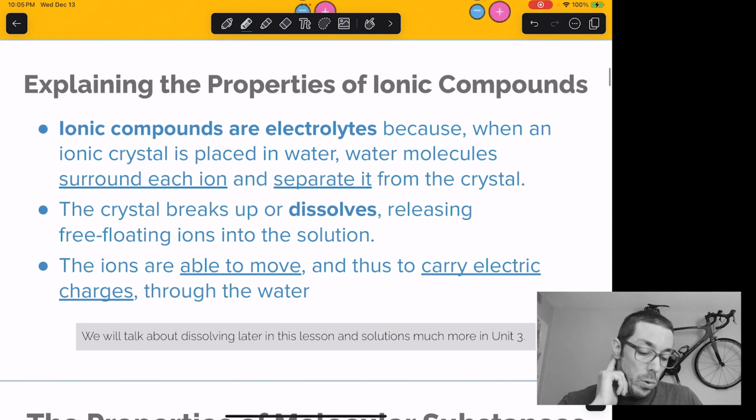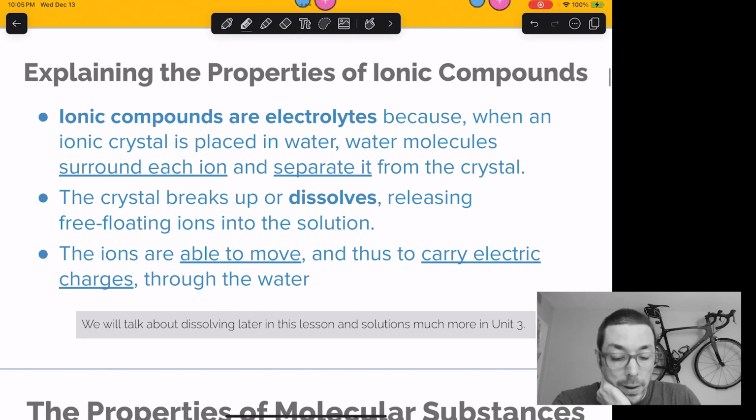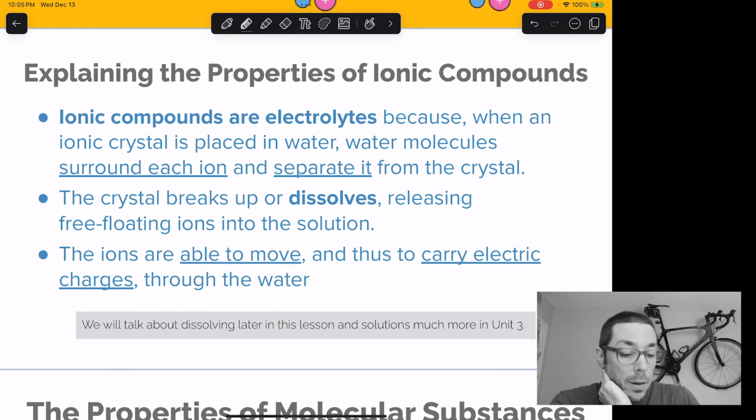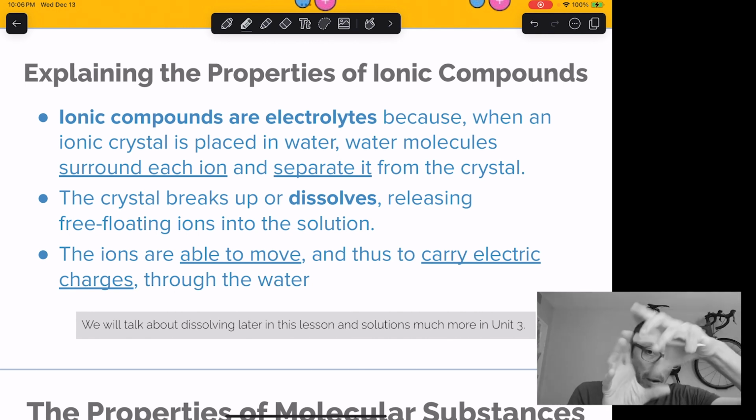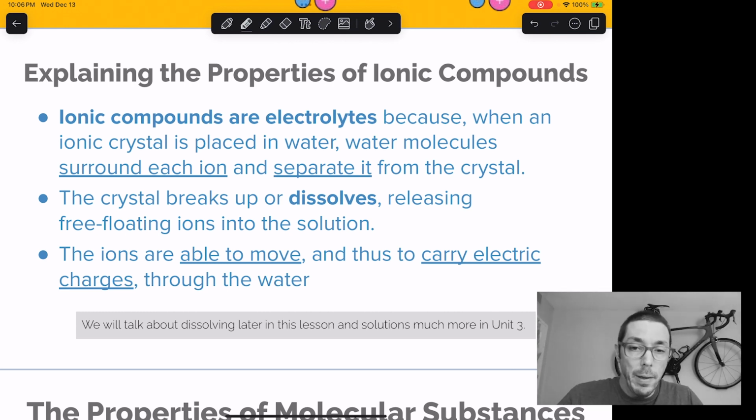So back to electrolytes. When we put the solid ionic compound into water, many water molecules are able to surround each individual ion of sodium +1 and chlorine -1. Eventually the water works its way around each individual ion and pulls it off of the solid network one by one until they have all been surrounded by water molecules.